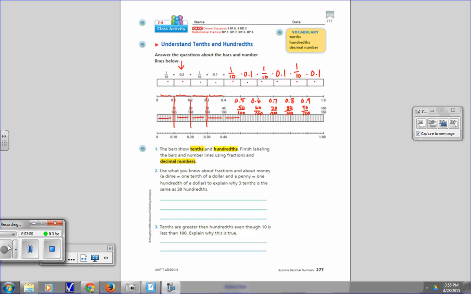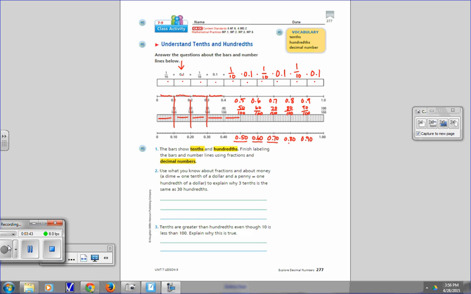So this is 50 hundredths, 60 hundredths, 70 hundredths, 80 hundredths, 90 hundredths. It's 90 pieces out of 100. 80 pieces out of 100.